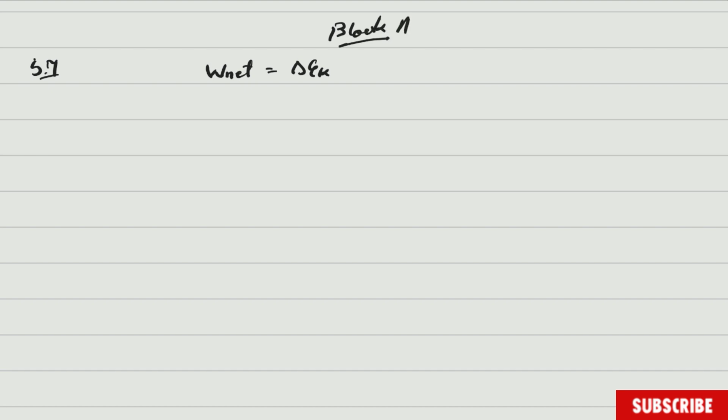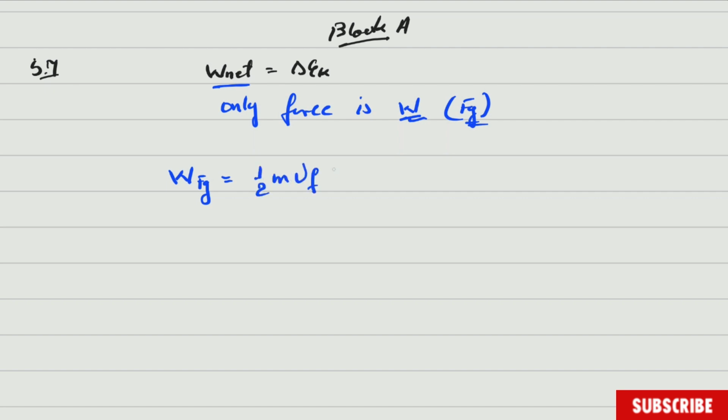Now the only force acting on the block at that point is the weight, the gravitational force. So in other words, net work will be the work done by gravitational force, equal to half mass final speed squared minus half mass initial speed squared.